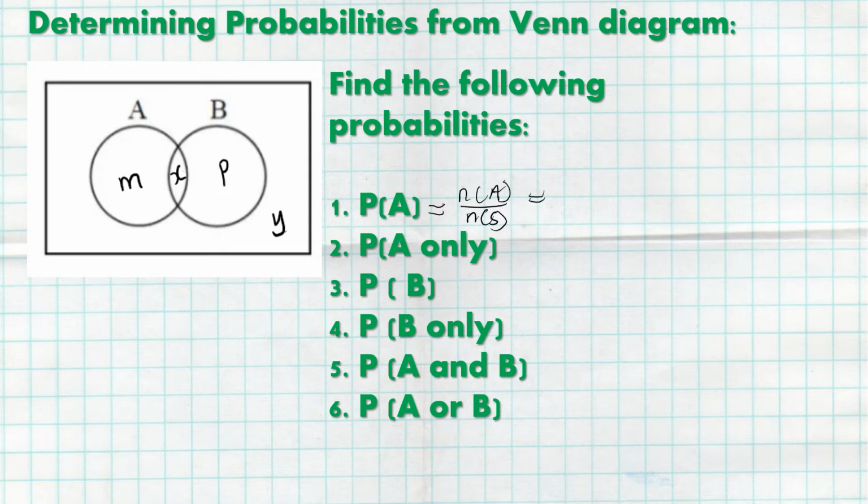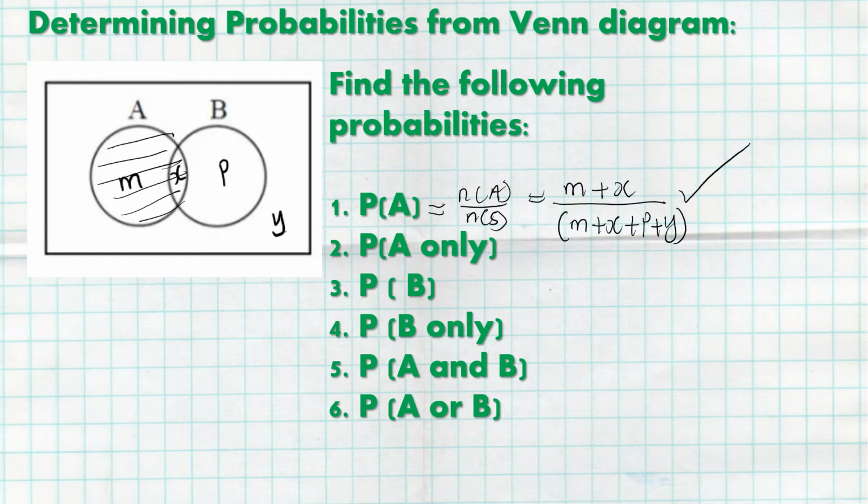The number of outcomes in A is everything that is found within event A. This will be M plus X, because if we assume M and X represent any number, it will be M plus X over the total number of sample space, which is all the outcomes within our Venn diagram. So it's going to be M plus X plus P plus Y. That will be the probability of A. Let's now go to number 2.